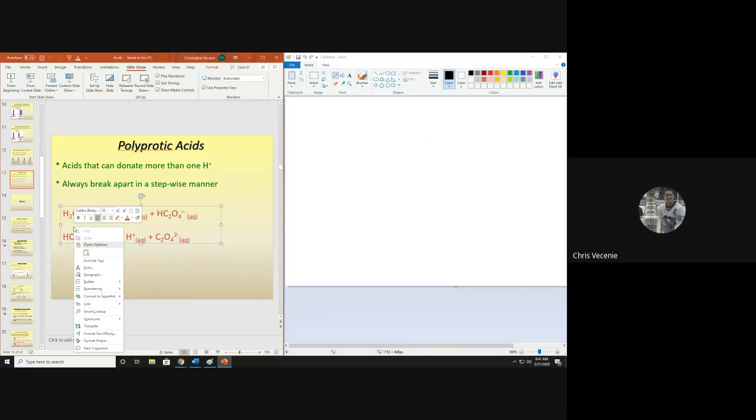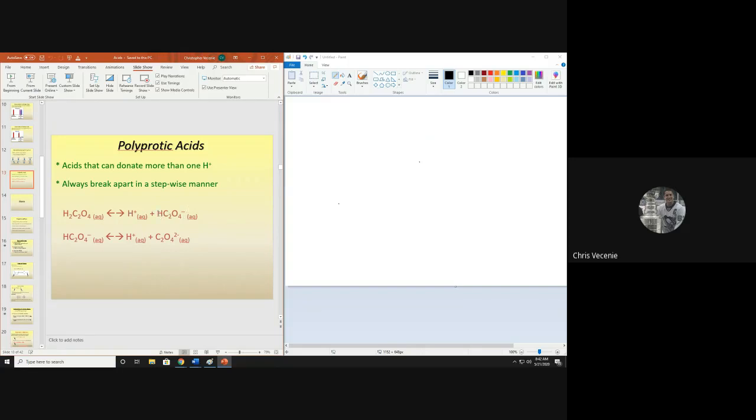So if we look at this guy over here, HC2O4 gives its first H away to a water, making that H3O plus, and it leaves behind HC2O4 negative.